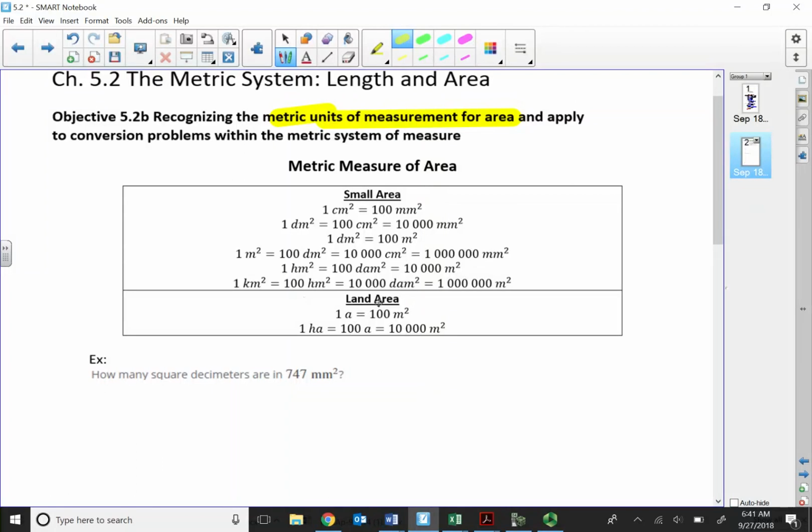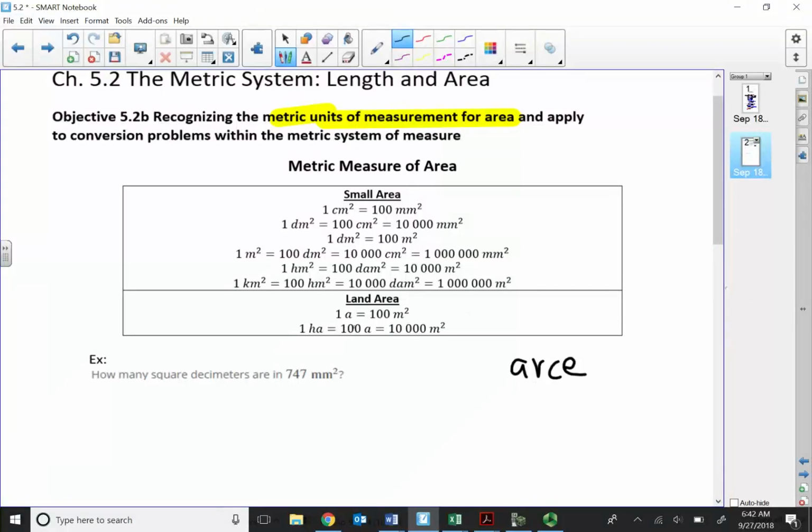For land area, this thing called the A, 1 A, that's called an Ar. 1 Ar is equal to 100 square meters, and HA, let me make sure I can spell it. 1 hectare is 100 Ars, which is 10,000 square meters.